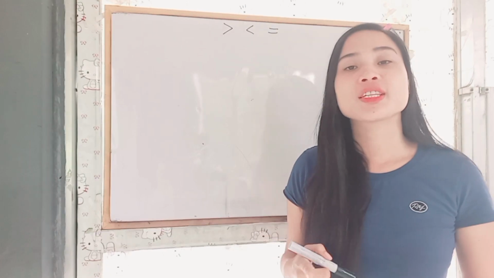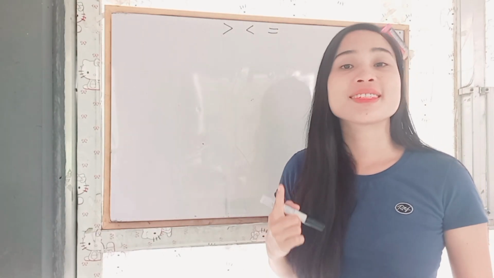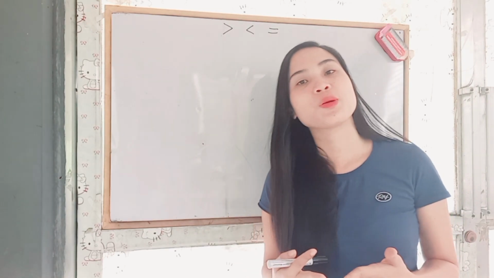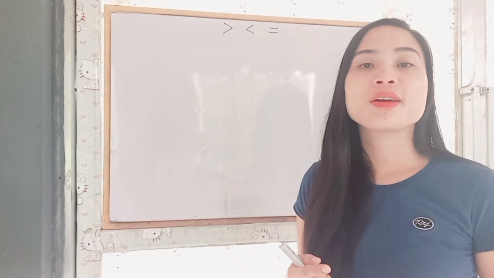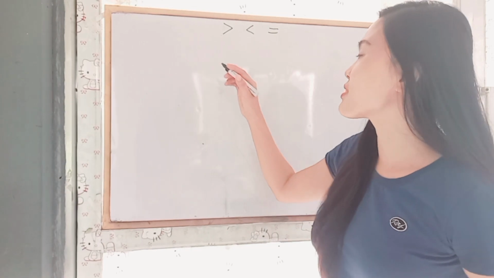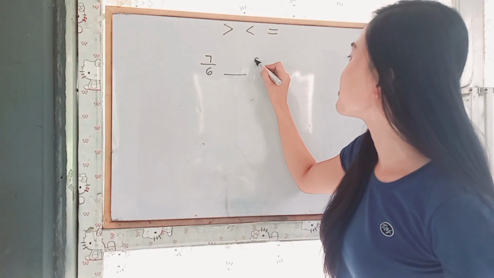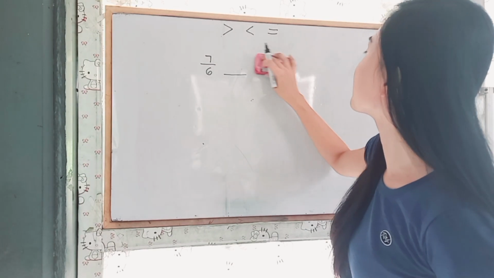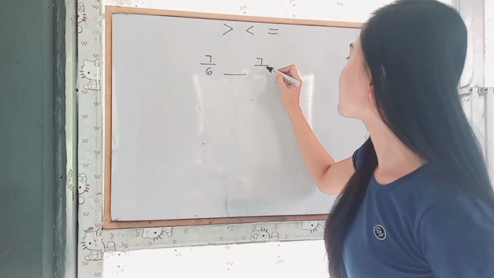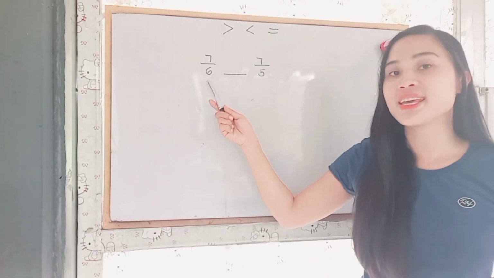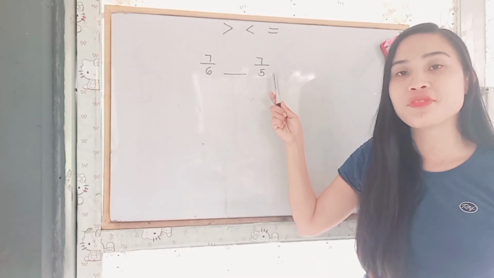Let us have first fractions with the same numerator. So we will learn how to compare fractions with the same numerator. Let us have this example. Okay, so we have here 7/6 and 7/5.